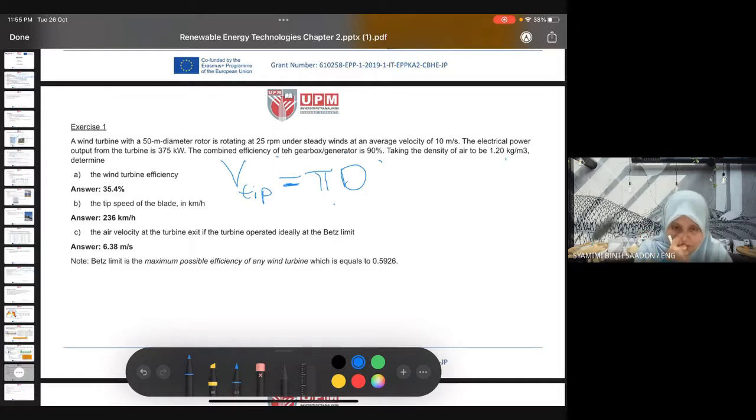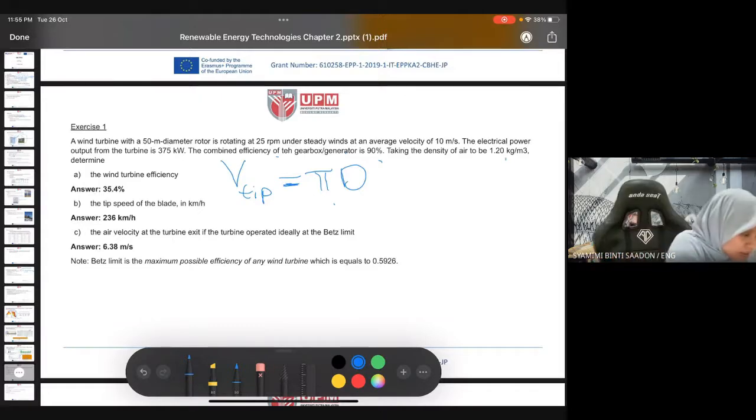But here it's stated that the turbine rotates at 25 rotations per minute. In one minute there are 25 rotations, but one rotation is pi d. So in order to calculate the V T, we multiply pi d with 25 rotations per minute.